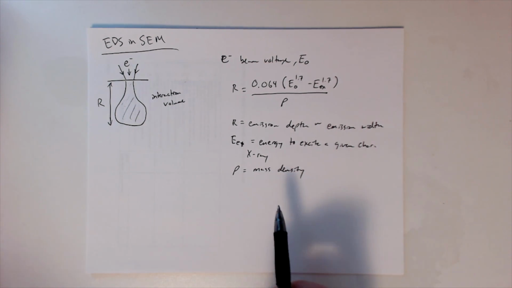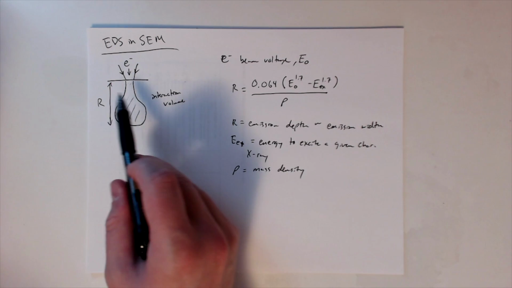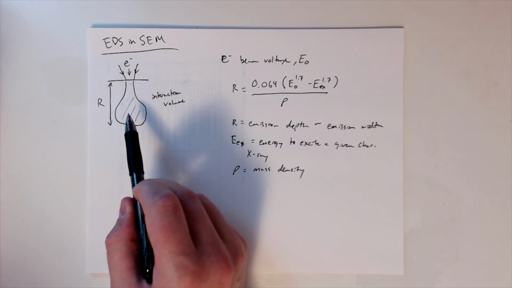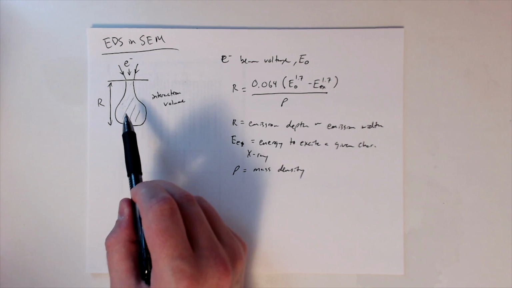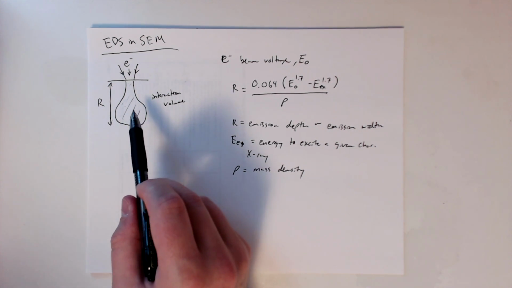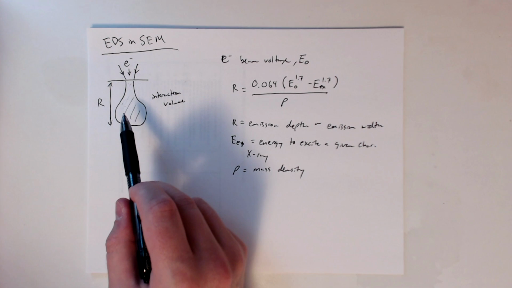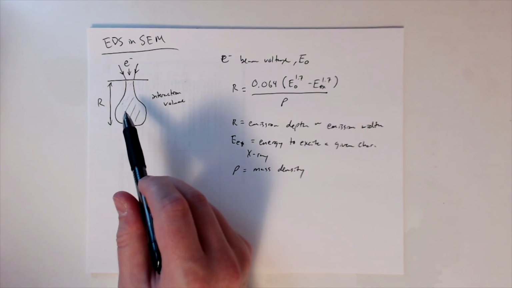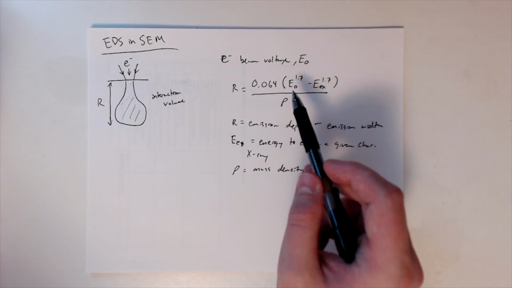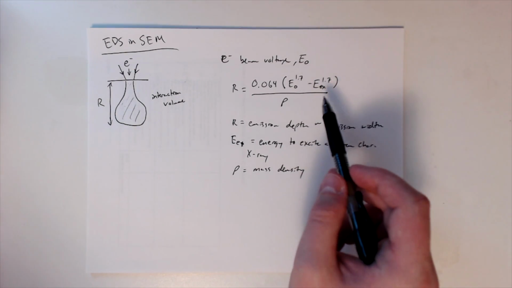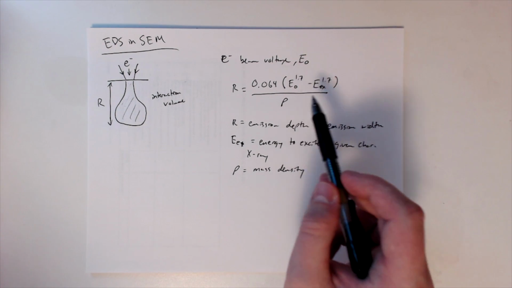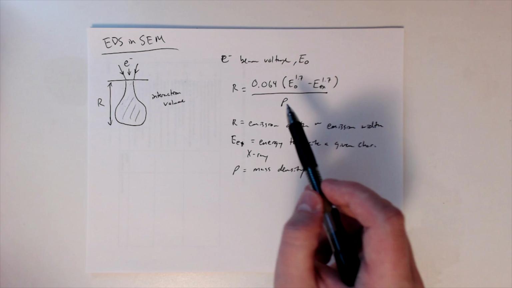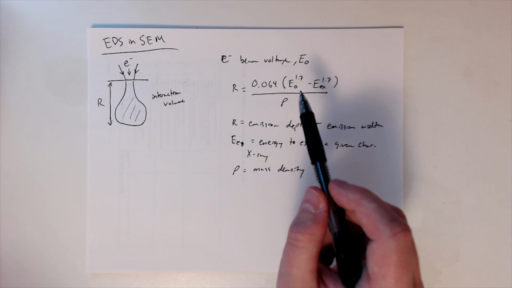If we want to decrease this emission volume to have the smallest possible volume to interact, as in microanalysis where we're trying to get as small an area as possible, then we typically want to decrease R. One way we do that is by decreasing the beam voltage, all else being the same.